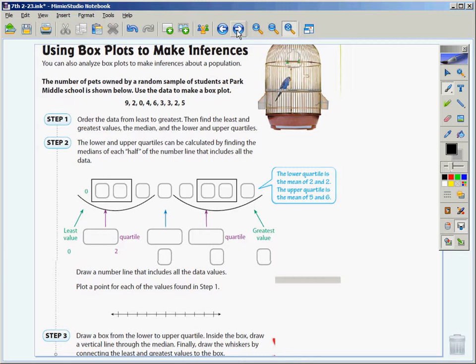So, the first thing it says is order the numbers from least to greatest. So let's take our list of numbers. What do I want to start with? 0. What's my next number? How many of them are there? What's my next number? There's 2 of those. What's my next number?